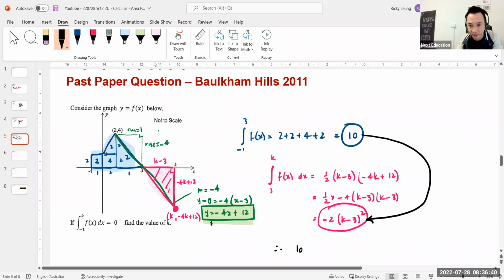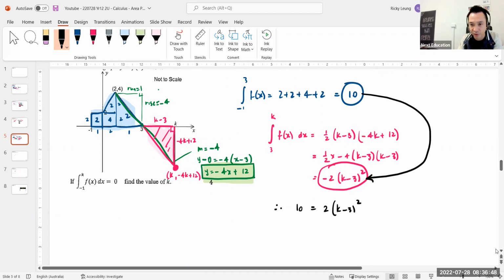So therefore, 10 equals the absolute value of that, which makes it positive. Now, considering k is a positive number, when I square root it later, it should be just one answer. So that's 5 equals (k minus 3) all squared. So then k equals plus or minus root 5 plus 3.